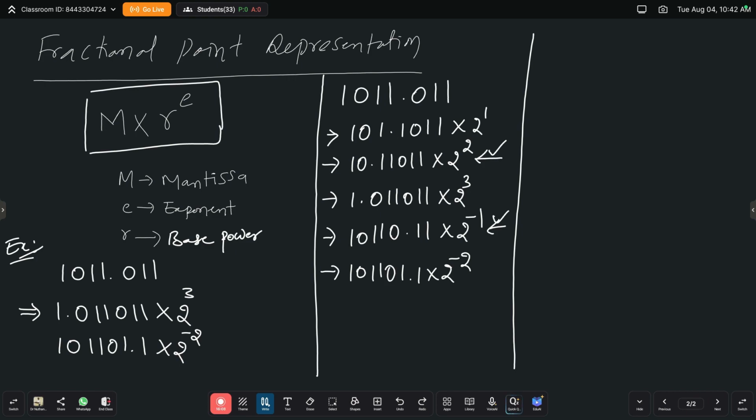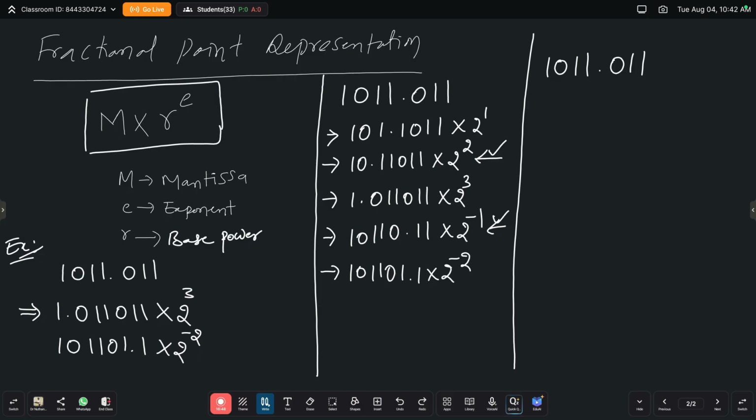There must be a non-zero number. For example, 1011.011. This is a number.